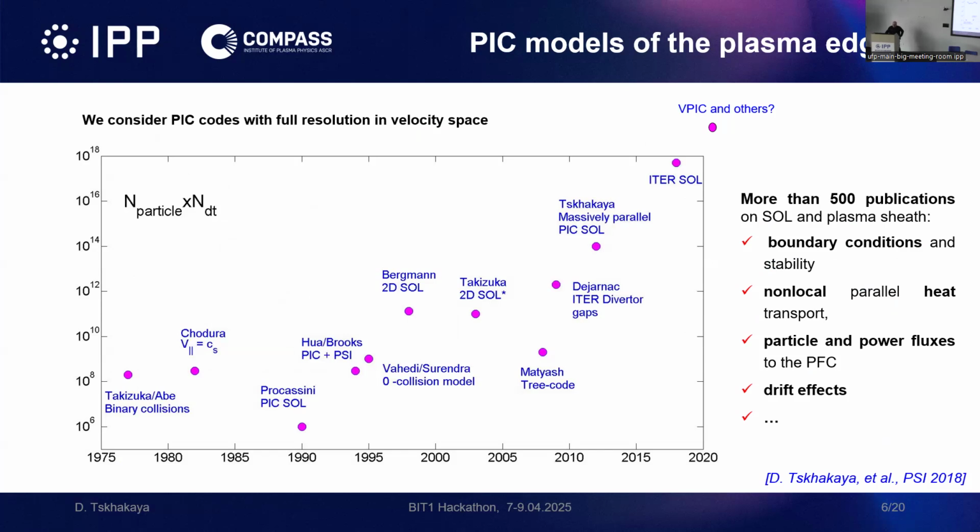It probably started in the 70s with Tagizuka, Abe, then Kodura, the people who introduced probably one of the first kinetic simulations of the scrape-off layer. This was one of the first famous papers about plasma sheaths, and so on. The number of particles per time step, which is the main measure of the size of the simulation, kept increasing, and definitely there were huge codes like VPIC and some others elsewhere.